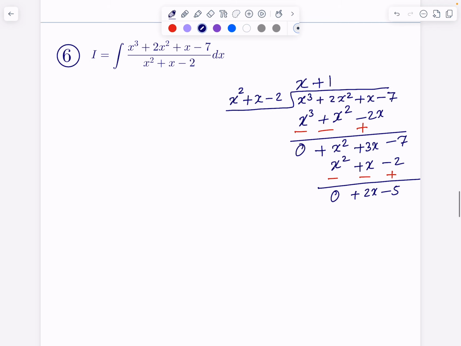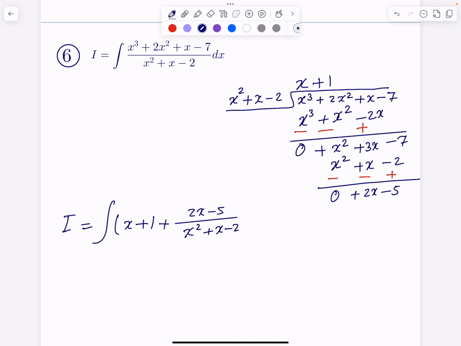Therefore, in this case, let me start from here. I is going to equal the integral of x plus 1, which is this one, plus 2x minus 5, which is the remainder, divided by the denominator, which is x squared plus x minus 2.